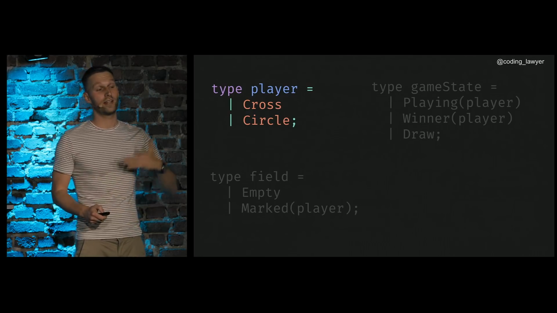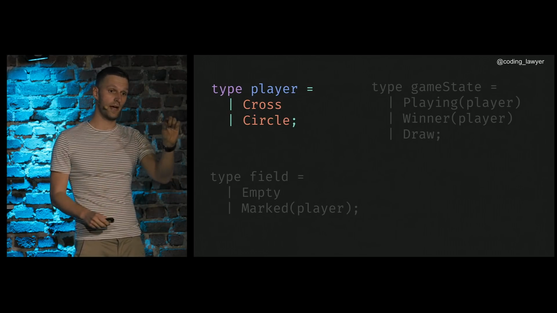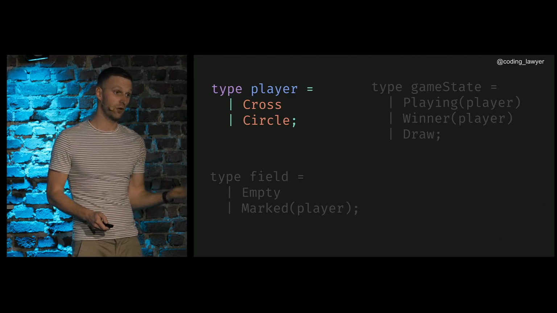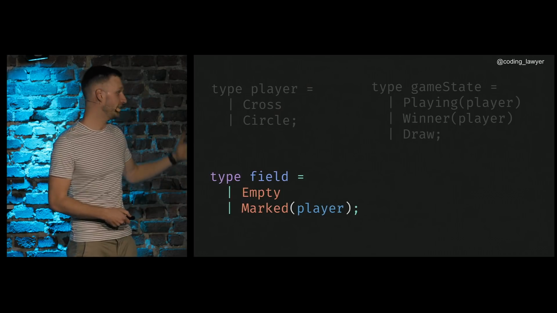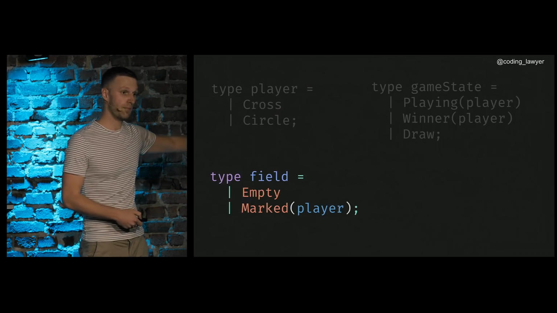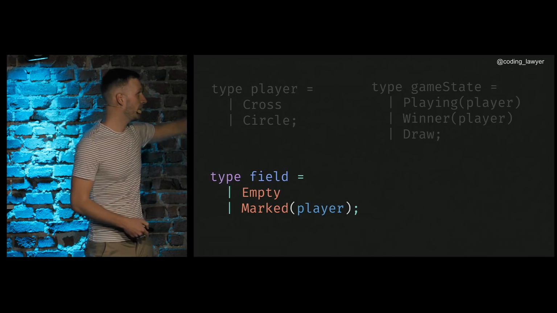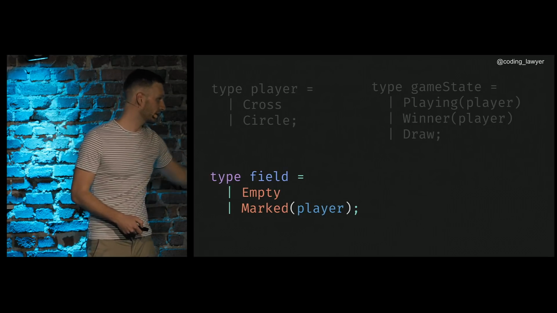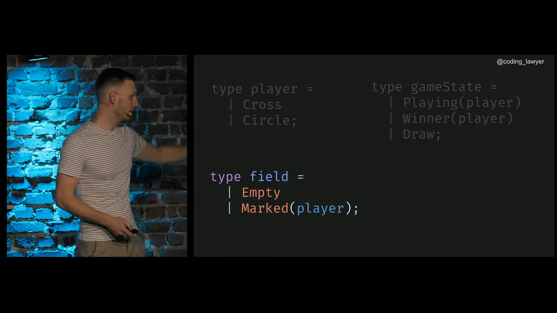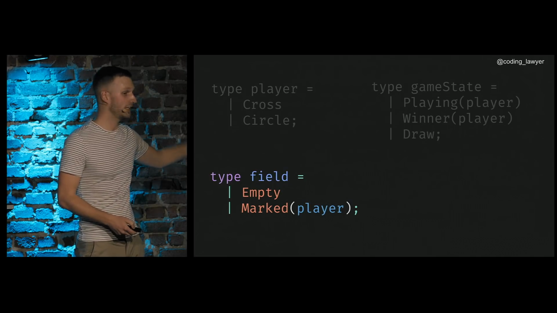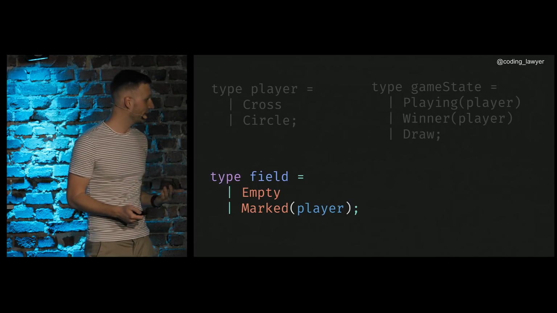And we can also define another type. Again, we have our playing board, we have squares, and a square is empty or marked. So we can define type field, and again, it's an enum, and it's empty or marked. And here you can see that we are passing the player, the type we've defined before, to marked. And this is pretty useful because we can basically say the field is empty or marked, and it's marked by circle or cross, and nobody else.